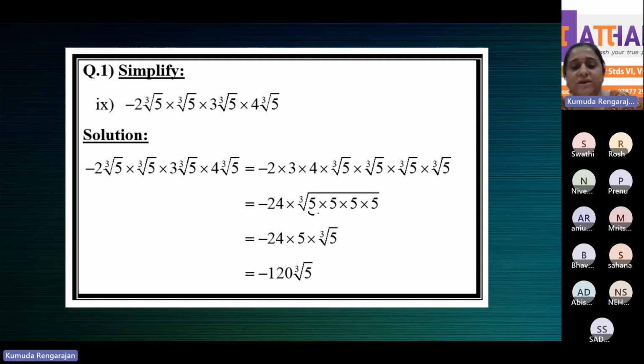So now from 3 5s, 1 5 comes out because it is a cube root. So this 5 remains under the cube root, not square root. And now minus 24 into 5 is minus 120 into cube root of 5. Yeah, now go through, children.